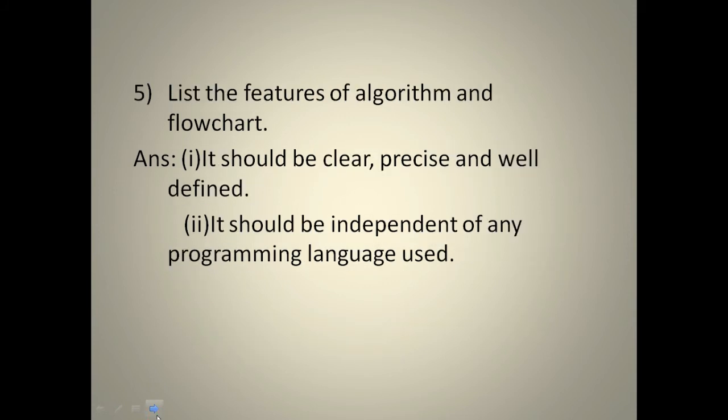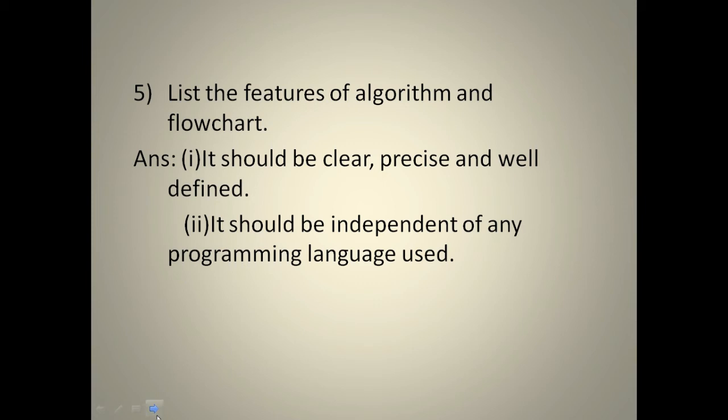Number 5. List the features of algorithms and flowchart. You have to list the important features of algorithm and flowchart. So together I have given point number 1. It should be clear, precise and well defined.